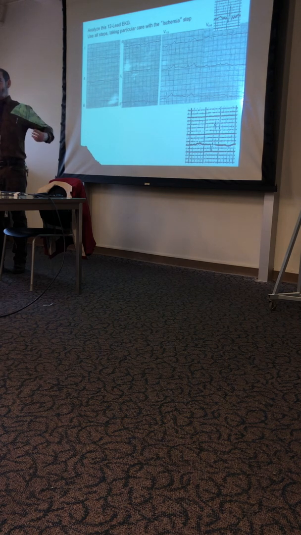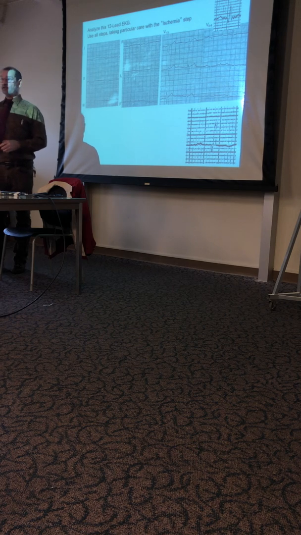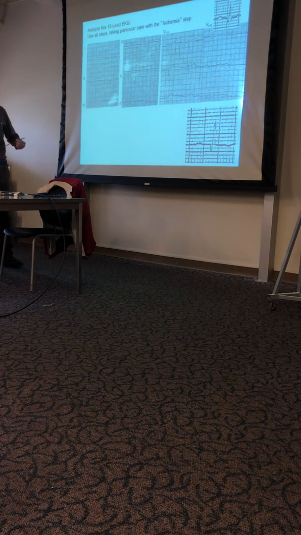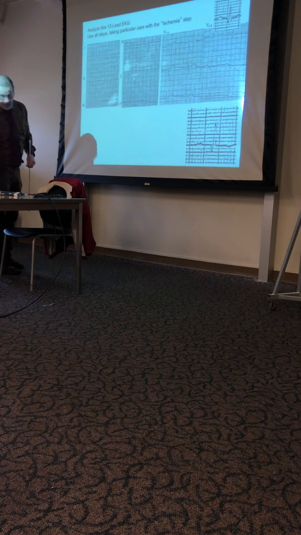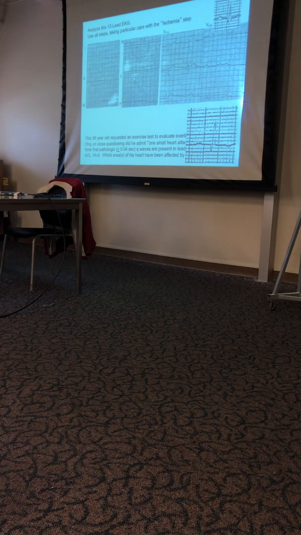And so what you have is a negative wave in terms of ion flux. It's a negative current, and it's moving this way. So a negative current coming towards you would be down. A negative current going away from you would be up. So only right-sided leads should see it as upright. That's a good question.